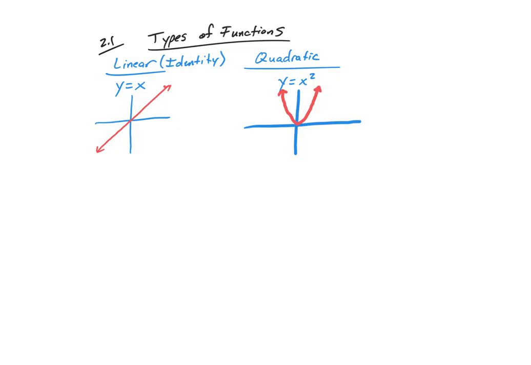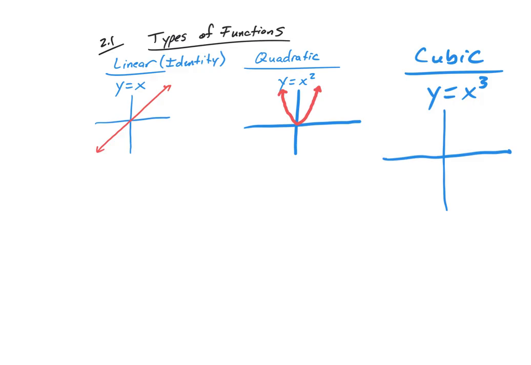Okay, the next one is the cubic function. The name tells you what's going on here. We are going to cube the x. And the basic shape here, I call this the snake-like graph.